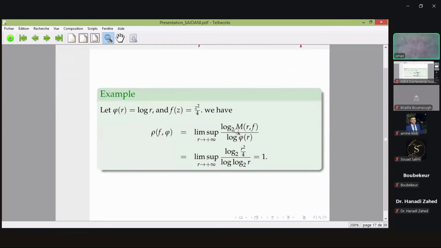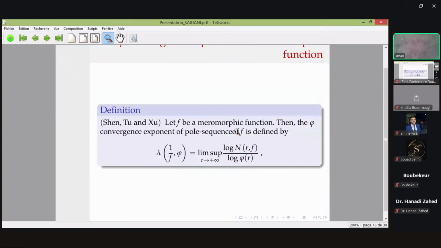As an example, if we take f of z equals z squared divided by 4 and phi of r equals the logarithm of r, in this case we obtain the phi order of f equals 1. We have also the definition of the phi convergence exponent of the pole sequence of f, defined by the limit superior of the logarithm of n(r, f) divided by the logarithm of phi of r.